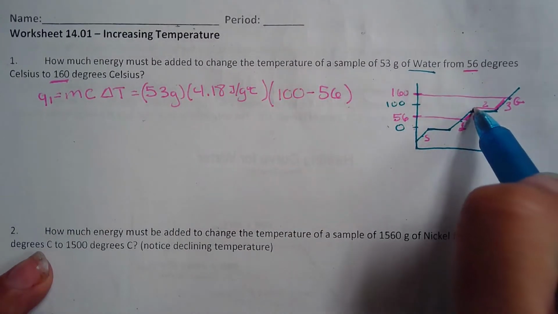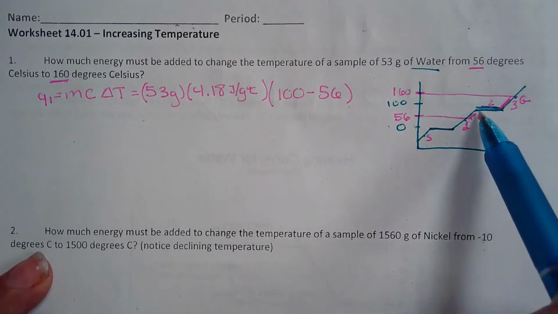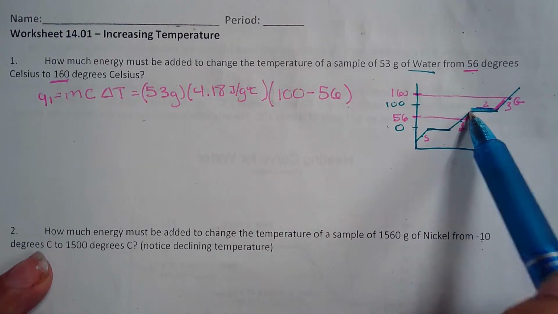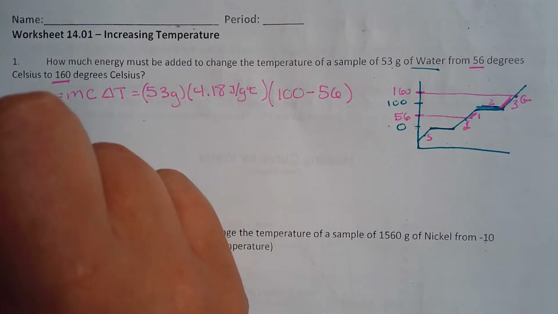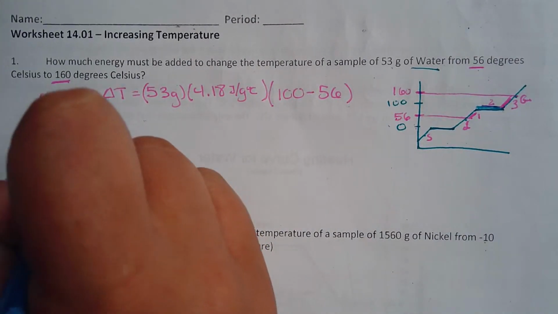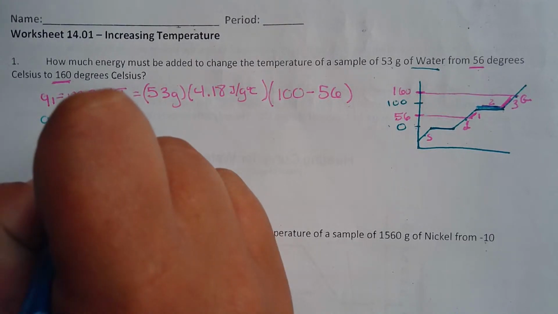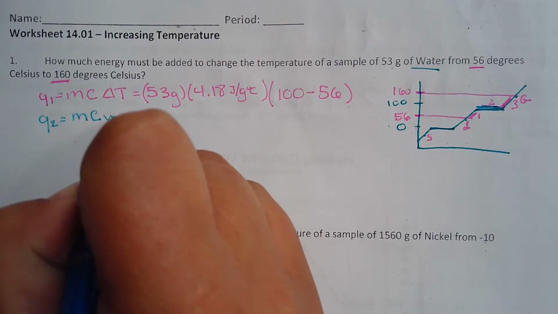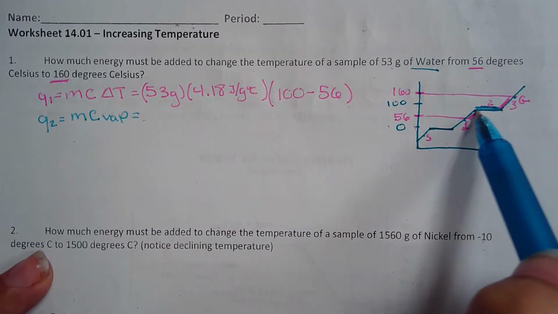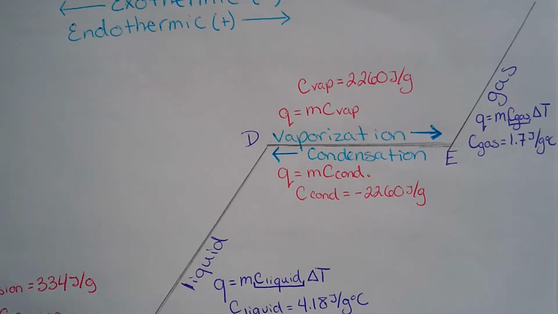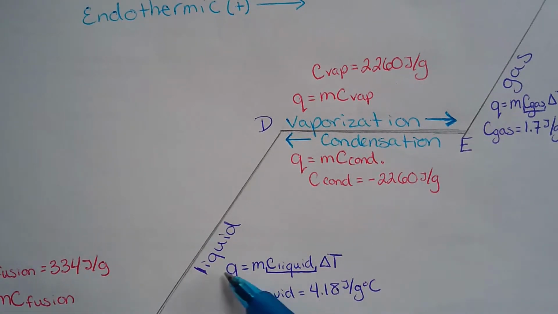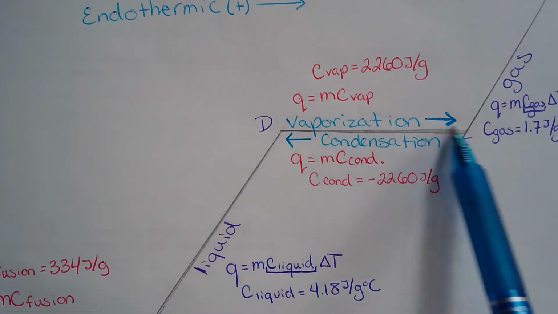Then we're going to solve for Q2. In this second section, we have to figure out how much heat it takes to boil the entire 53 gram sample. So our second section is going to be mass times the heat of vaporization. If we look at our detailed heating curve, this flat line after a liquid, going between a liquid and a gas, is vaporization.